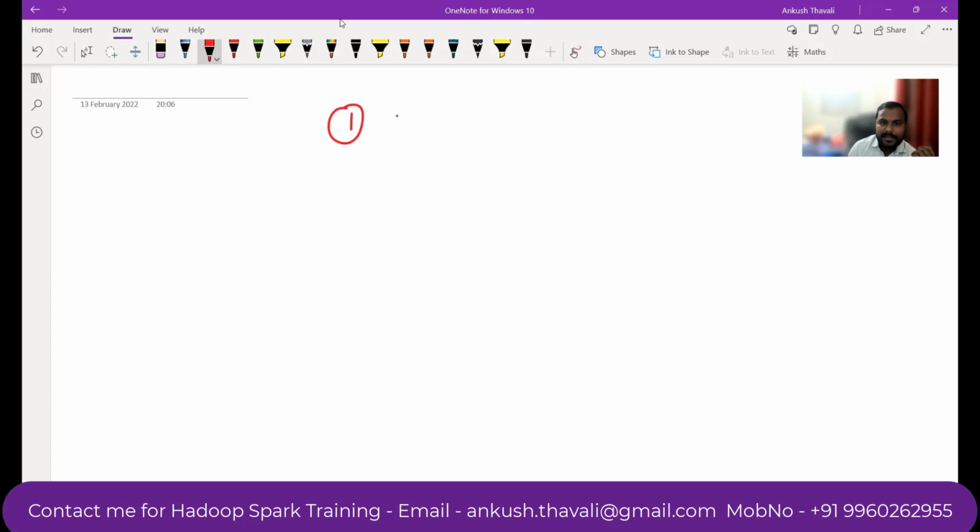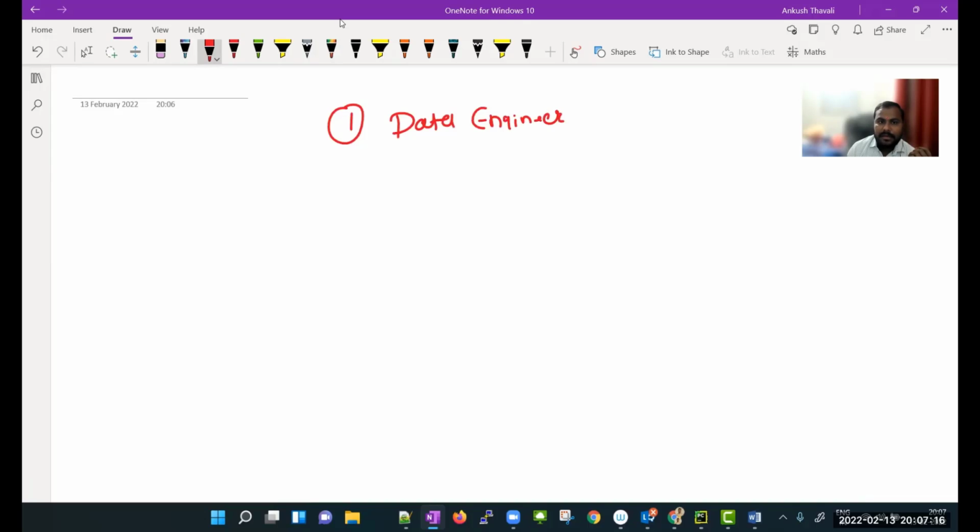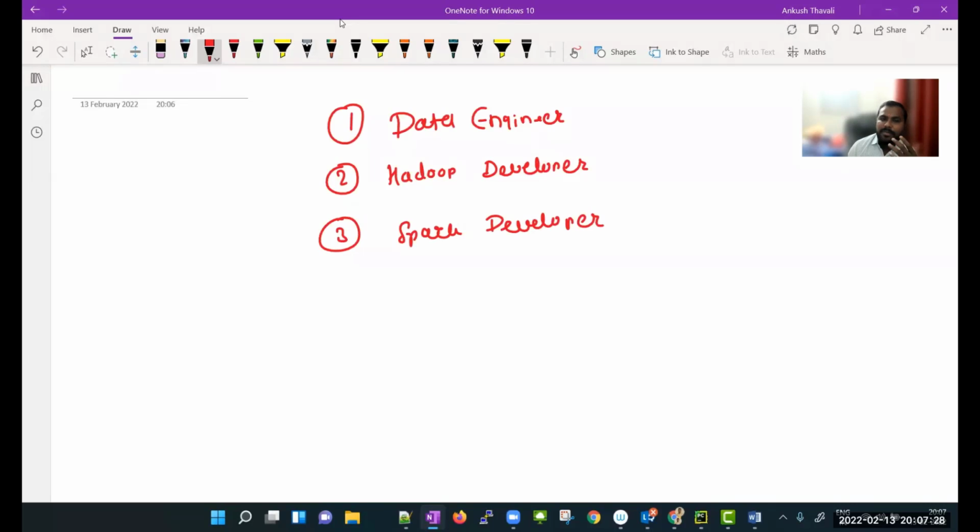Some people call it a data engineer. Some people also call it a Hadoop developer. Some people also call it a Spark developer. Depending on it, in the end, all of these come to the same thing only.